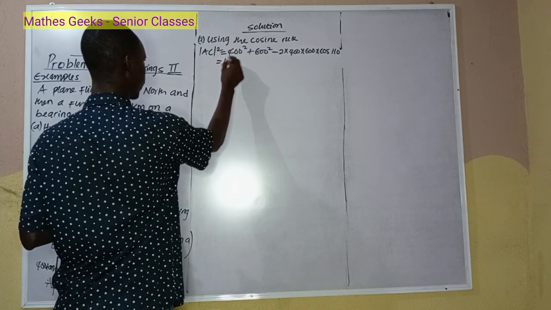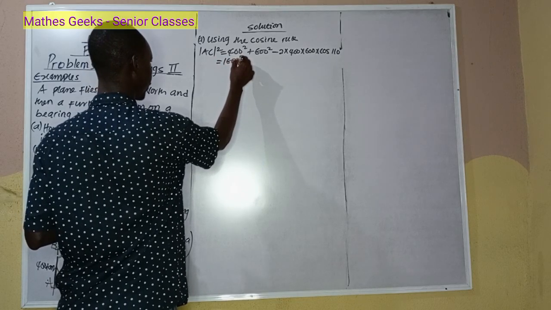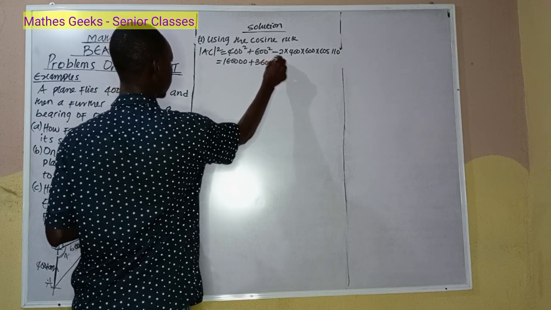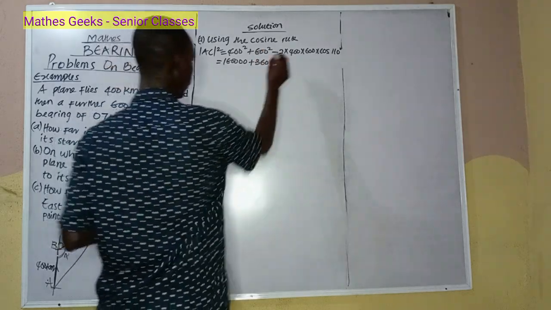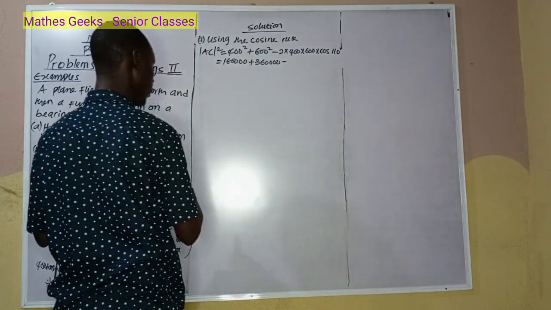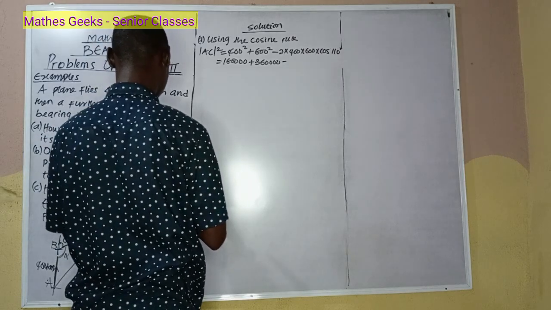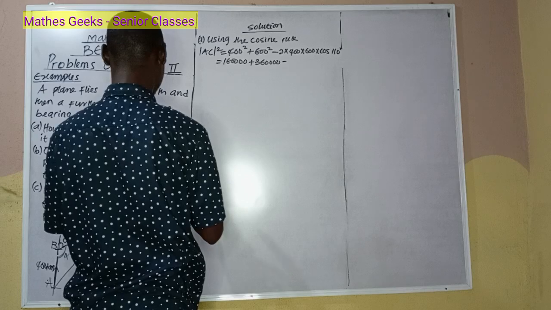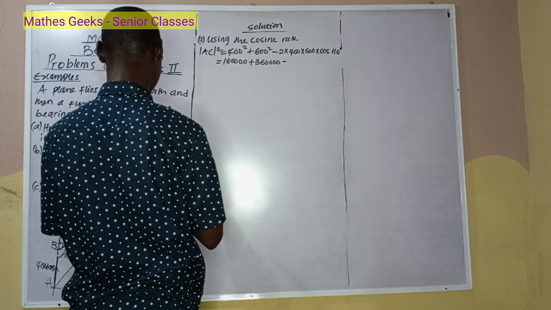400 squared is 160,000, plus 600 squared, which is 360,000, minus 2 times 400 times 600 times cos 110.